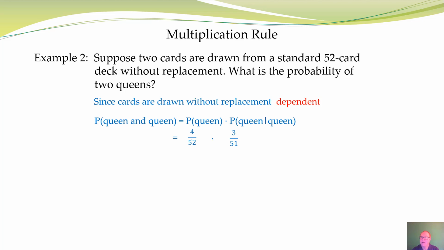Now this time, the number of queens went down 1, the number of cards went down 1. So that's where you get the 3/51. To multiply it out, we get this answer. Now, how did this example differ from number 1? In this case, we were looking for 2 queens, so there's going to be 1 less queen and also 1 less card.